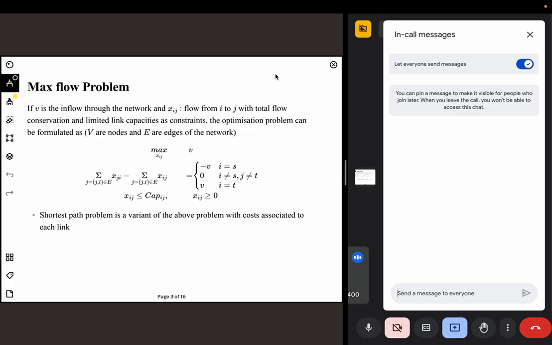The next set of problems are the max flow and min cut problems. So these are where most of the problems that we discussed this week will be on. So the max flow problem is essentially one in which you have a network. So V is the inflow. So you have some source, and then you have some connections from this source.